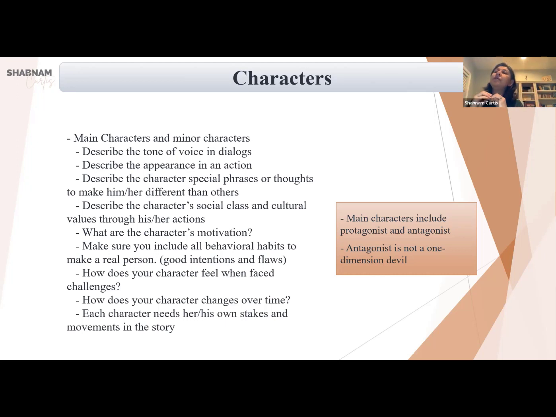This is the way that we want to bring an image to a character when we are explaining them. It can be little by little, it can be all in one scene, but it's very important that the reader has something in their mind.